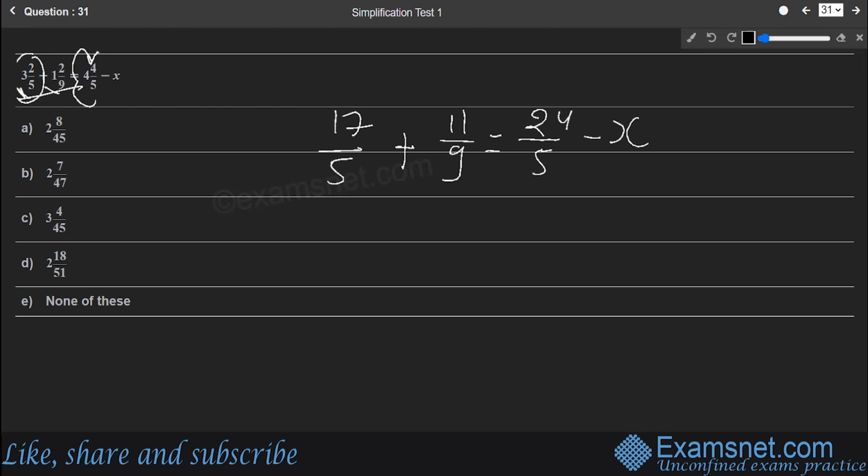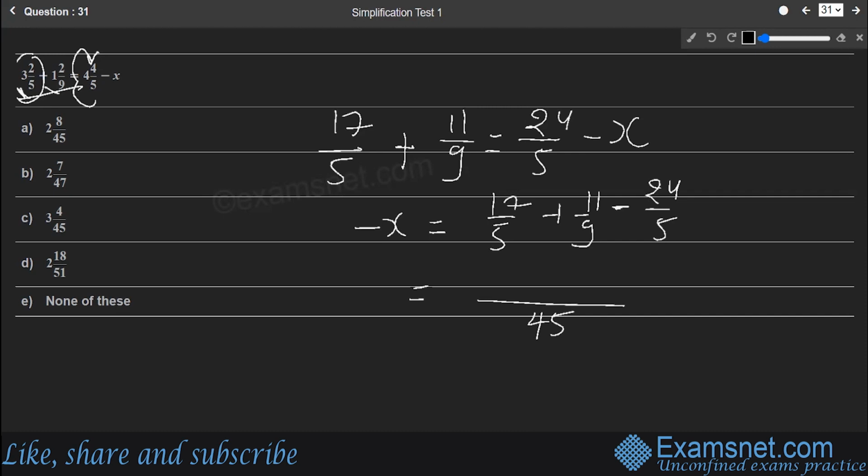So clearly we can make an expression for x and then solve. Let's leave the minus x on one side and send the rest of the things to the other side. 17 by 5 plus 11 by 9, and this 24 by 5 comes on the negative side. Okay, so clearly we can take the LCM as 45, 5 into 9. So it's going to be 17 into 9.